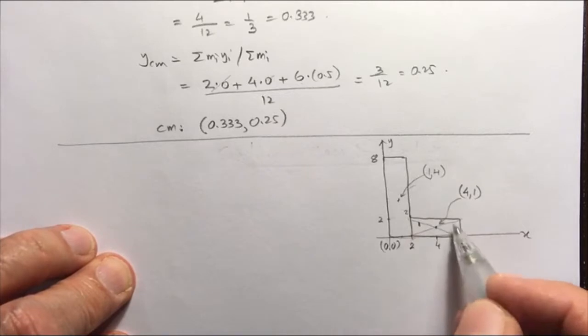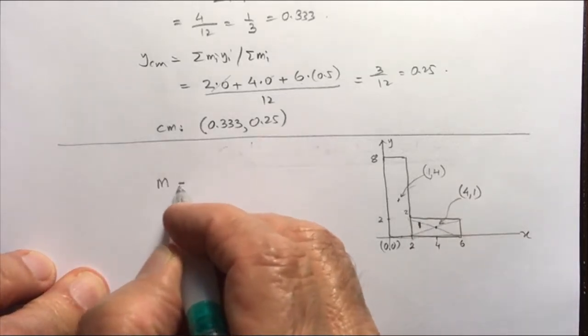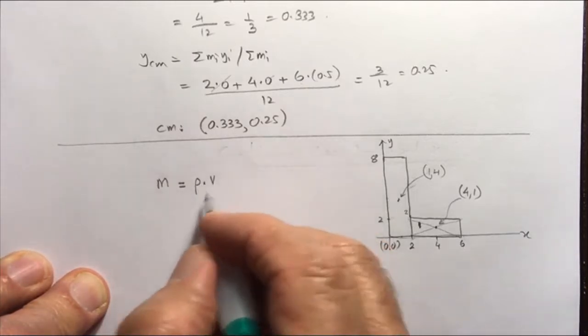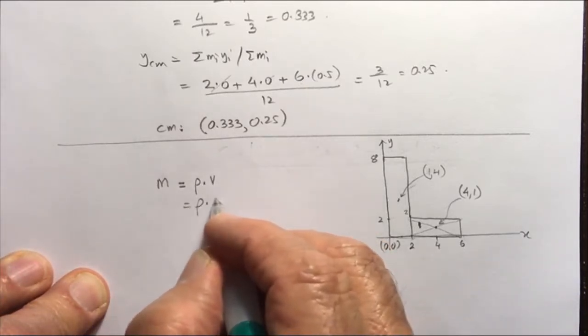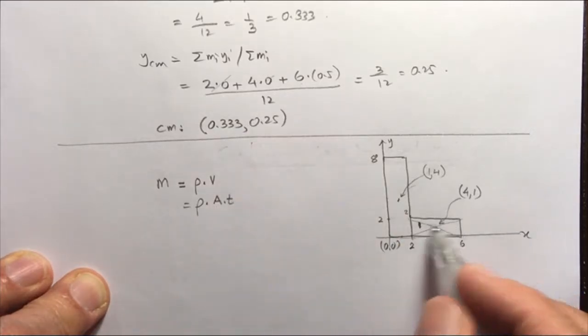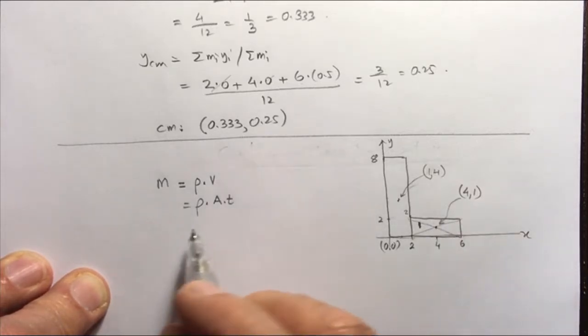Now the mass M1 of this part is the density times the volume, and the volume is the area times the thickness. We don't know the thickness, we don't know the density, but it doesn't really matter.